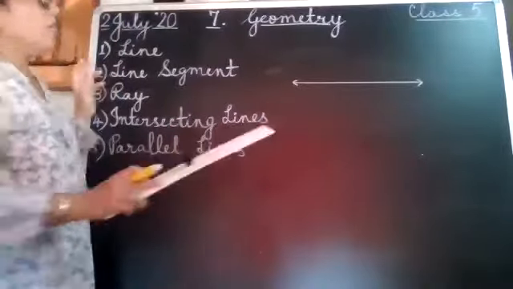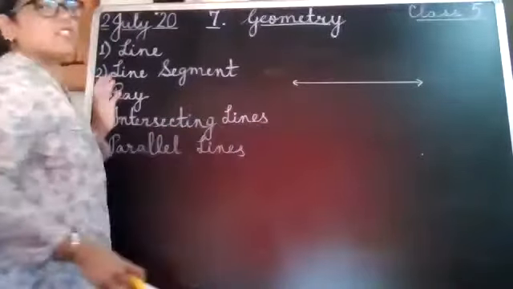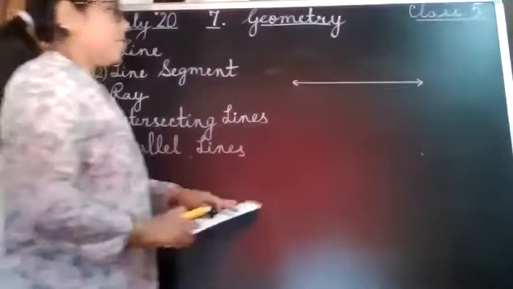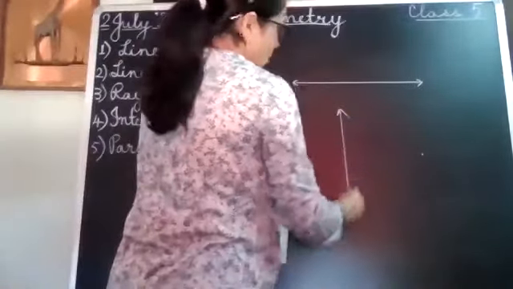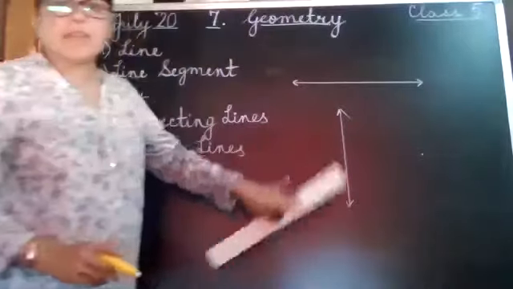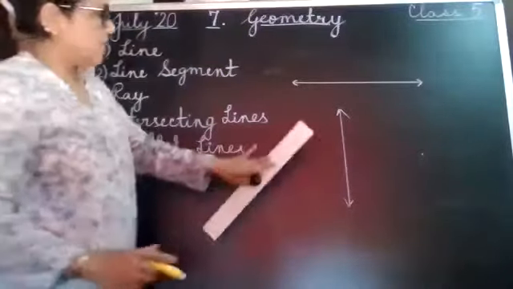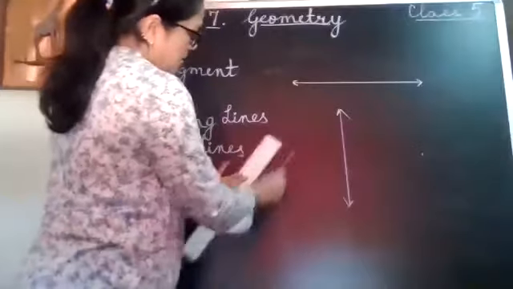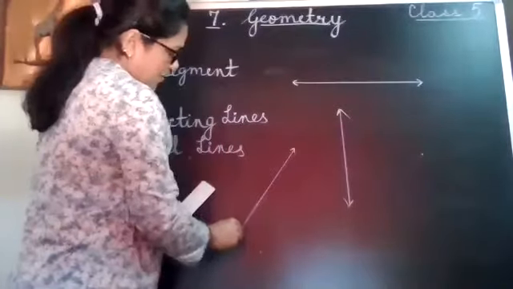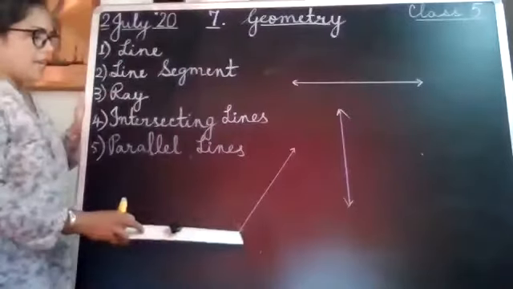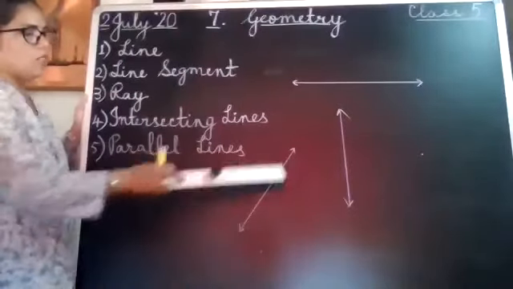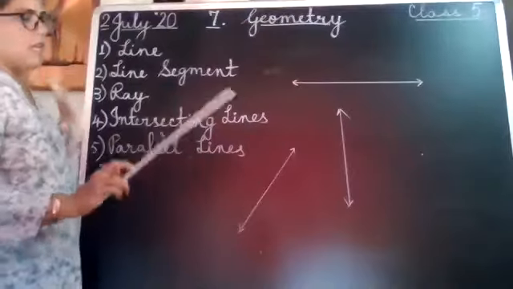Now whenever you draw a line, it's usually a horizontal line, but even if it is a vertical line, it's called a line if it can be extended in both the directions. It can be a slanting line like this also. Okay, so if any line can be extended on both the sides, it will be called a line.